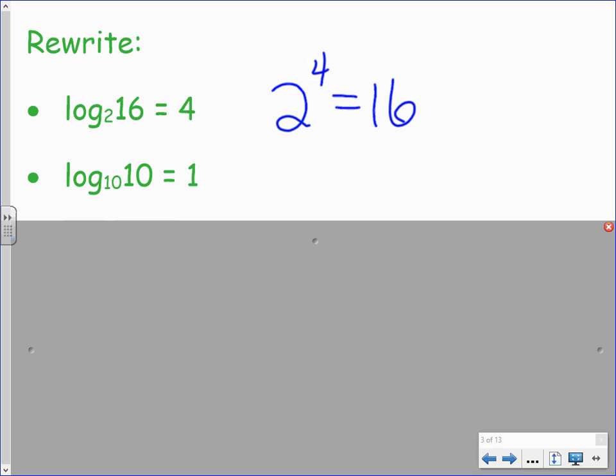Log base 10 of 10 equals 1. Why is that true? Because 10 to the first power equals 10.